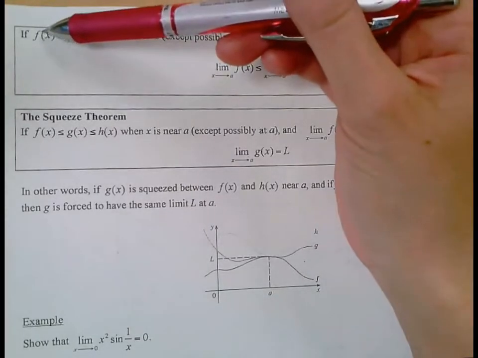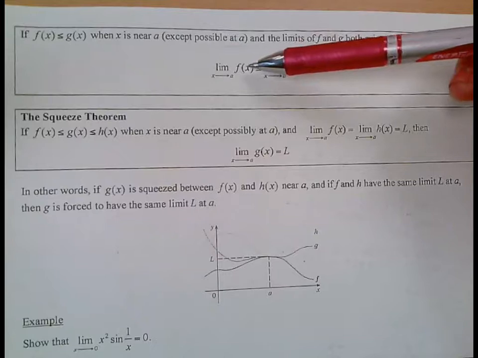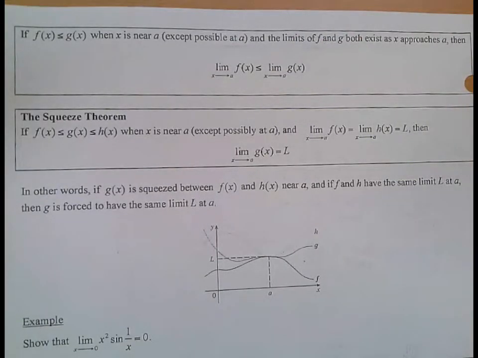So again, if f is a function that's less than or equal to g, its limit as x approaches a should be less than or equal to the limit as x approaches a of g. So hopefully, reasoning-wise, that makes sense.